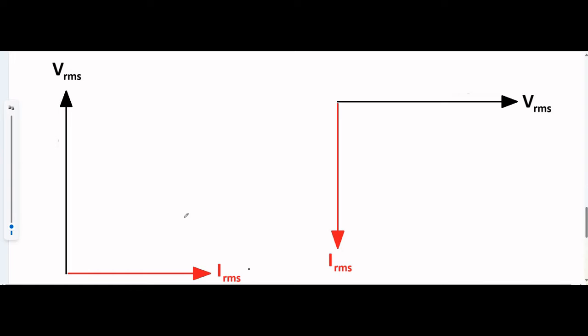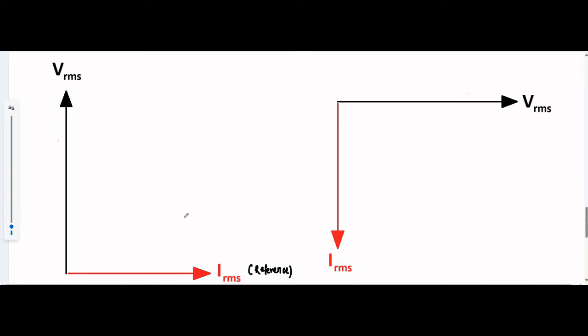This first phasor diagram is drawn with IRMS, the RMS value of current, as reference. As I told you, it is common practice to draw phasor diagrams with RMS values of current and voltage. So here IRMS is taken as reference, parallel to the positive x-axis.